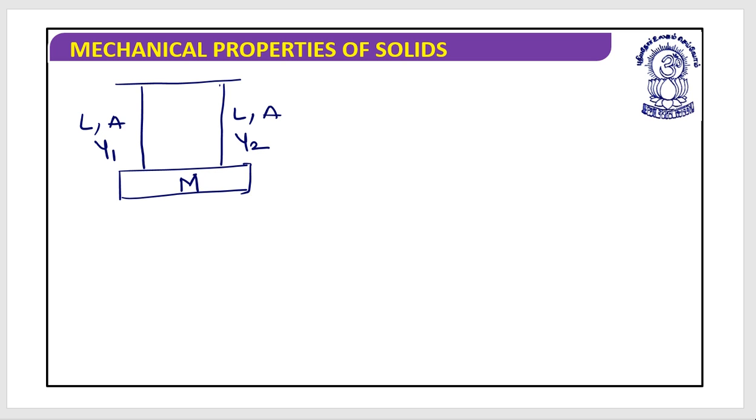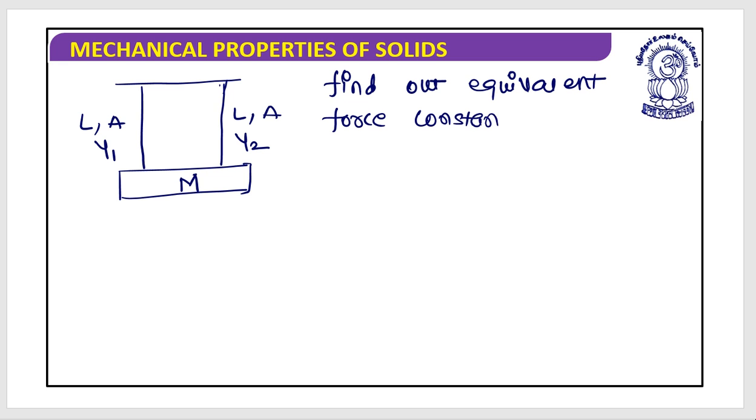A mass M has been hung from these two wires. We are asked to find the equivalent force constant of these wires.